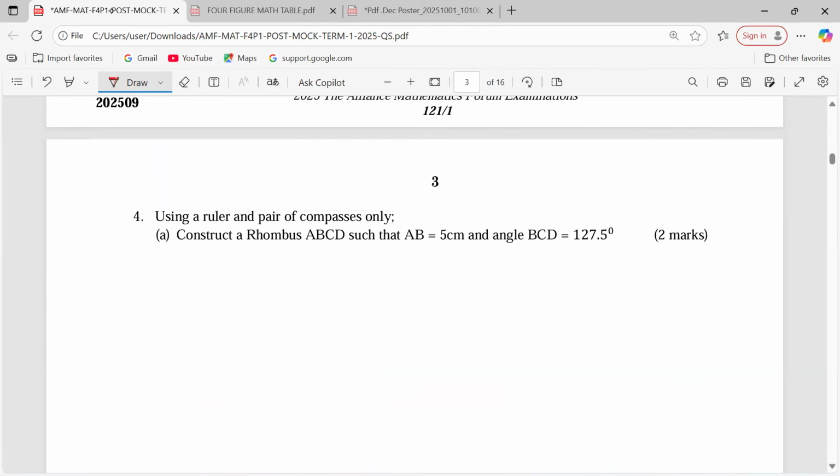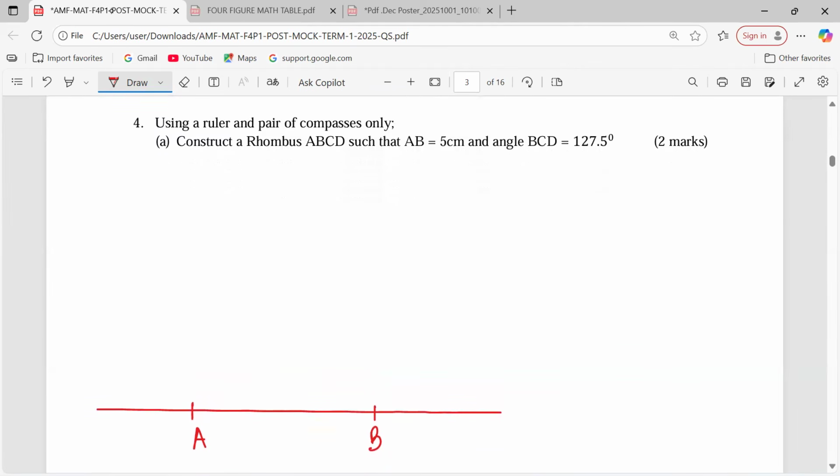Look at this. This length is parallel to this one, and we need the angle. If this is A, B, C, D, we need the angle at C to be 127.5.